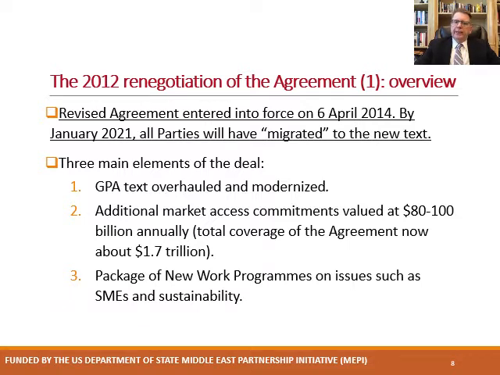So I'll now speak about the renegotiation of the GPA, which culminated in 2012. This was a significant development for the agreement and for the parties. The revised agreement was concluded in 2012, came into effect in 2014, and by January 2021, all of the existing parties will have migrated to the new GPA text.